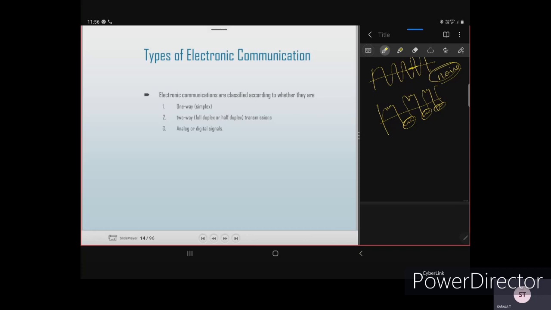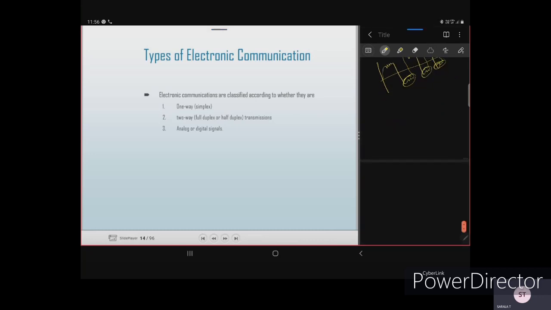Electronic communications are classified according to whether they are one way, that is simplex transmission, or two way, that is full duplex or half duplex transmission, and analog or digital signal. Types of electronic communication can be seen this way.